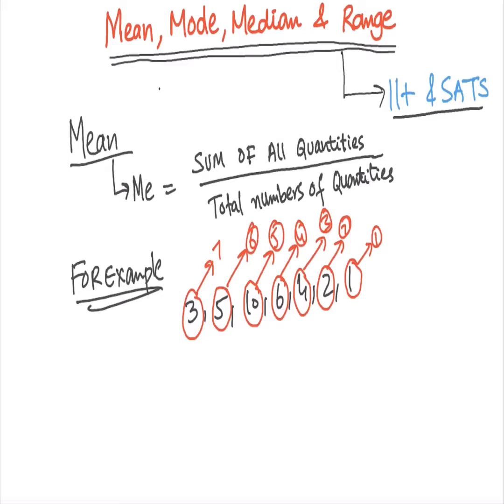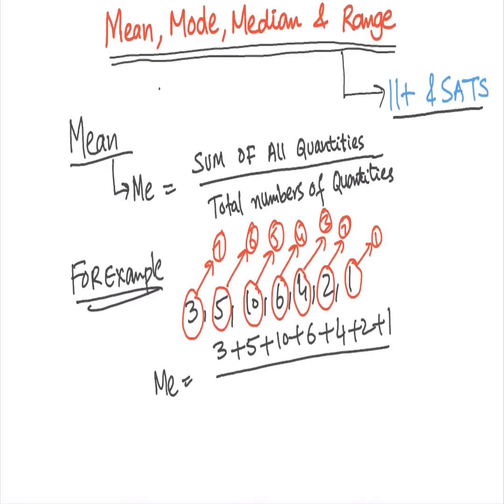So it means the total quantities is 7. Okay, now we can put all these values into the formulation. So the formulation is ME. We have to add up all these numbers together. So we say 3 add 5, add 10, add 6, add 4, add 2, add 1, divided by 7. Why? Because the total quantities are 7 in this question.